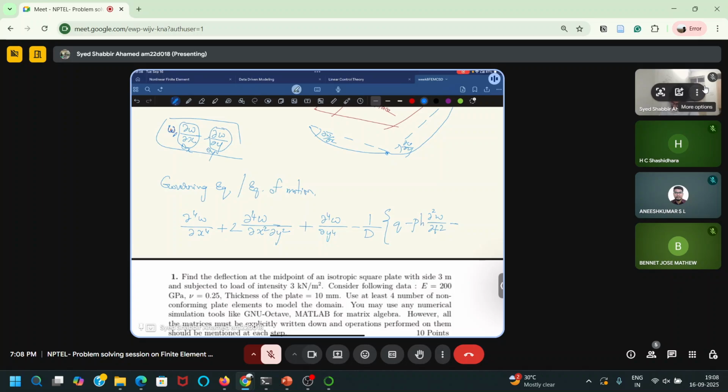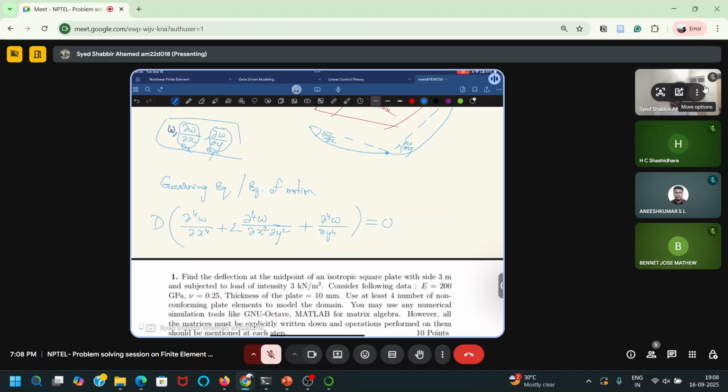But obviously we have not gone into that yet, so I'll just not write this. I'll just write this as D into this equal to 0. This is my governing equation for the plate using the Kirchhoff plate theory.